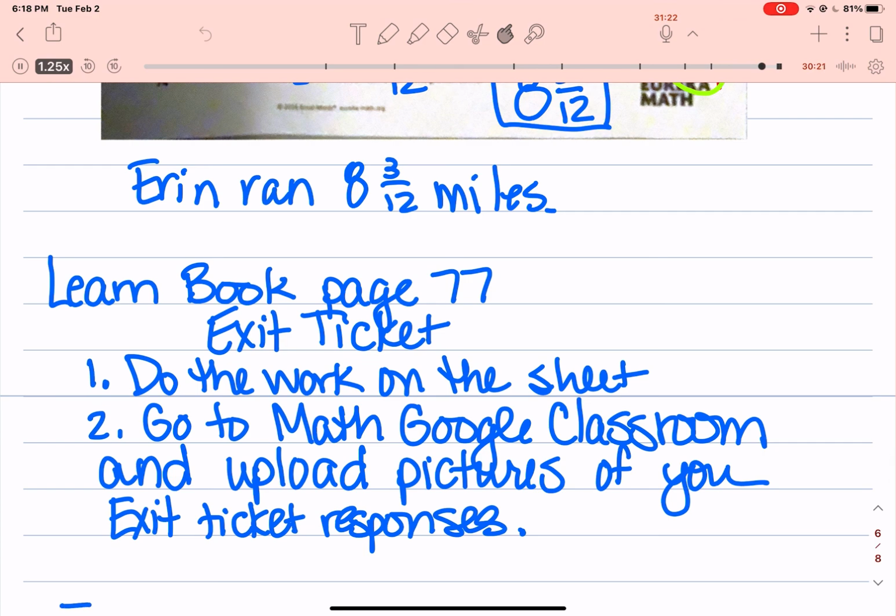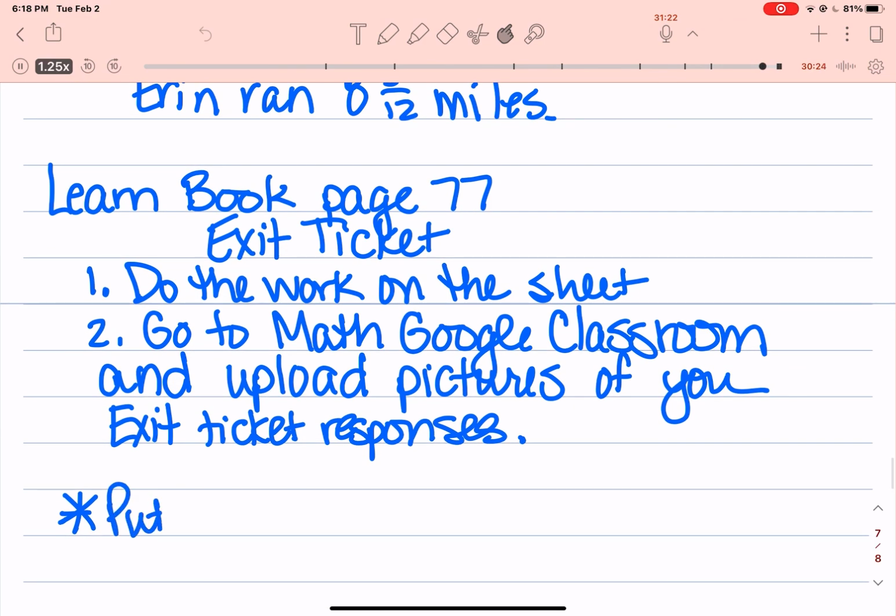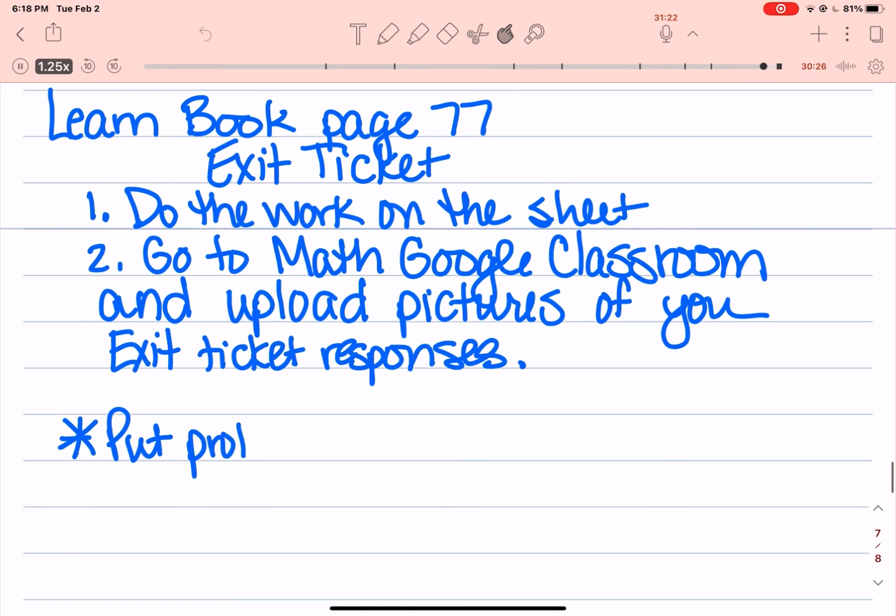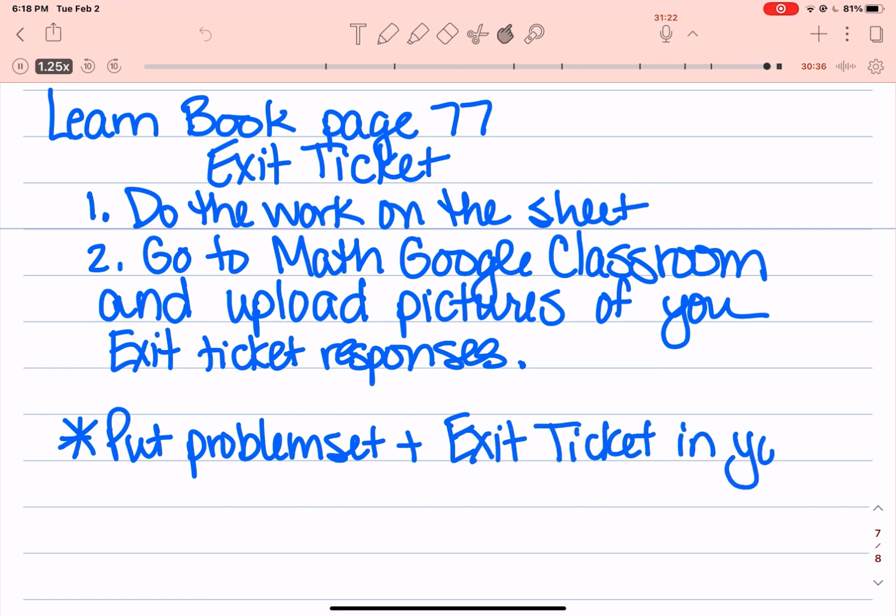After you're done doing that, you need to put the problem set and the exit ticket in your folder so I can collect it.